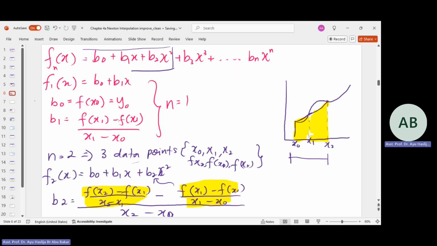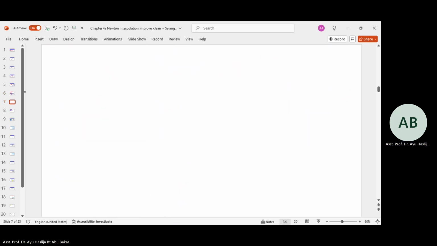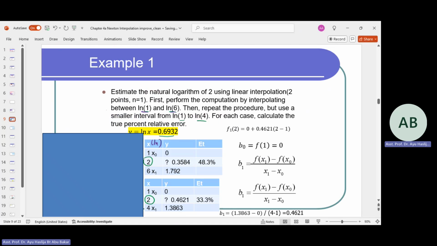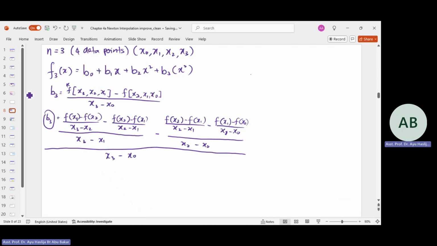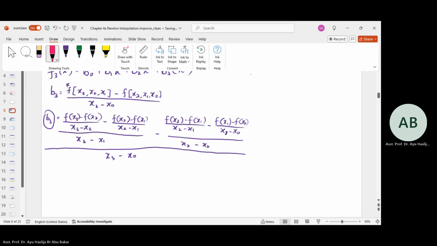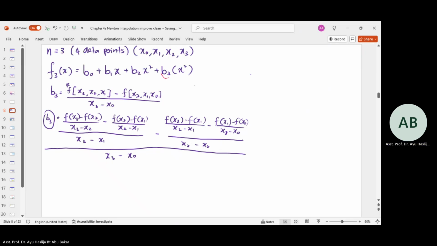Now for b3, I think I have the slide here. When you have 4 data points, x0 until x3, you must find b3. It is much more complicated because it involves 4 data points.